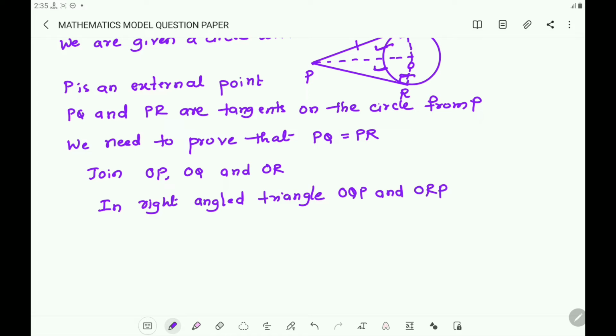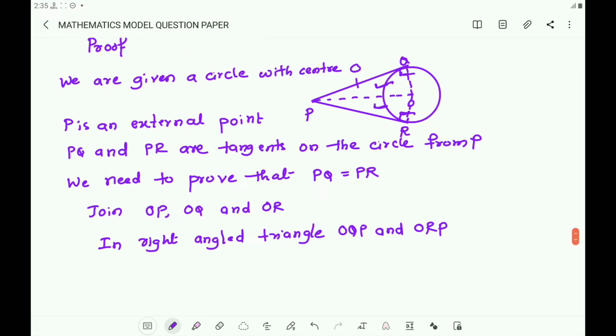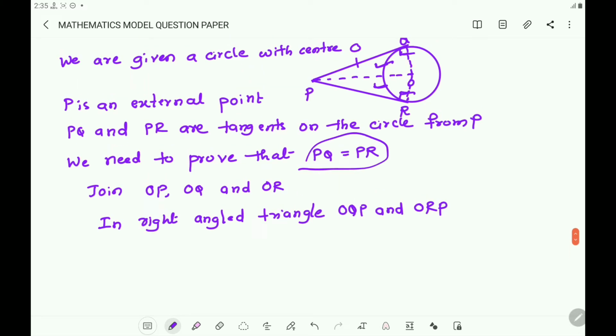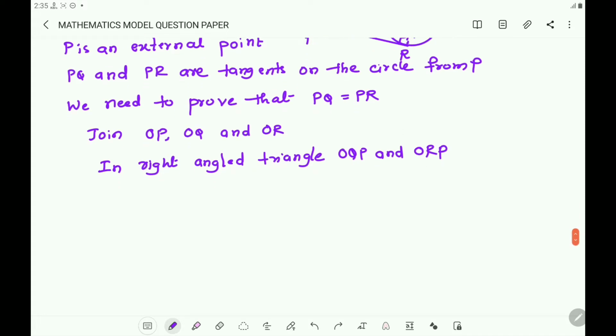Why do you have to take these two triangles? Here you need to prove that the two triangles are congruent. Once you get that the two triangles are congruent, directly you can write that PQ and PR are equal, because we need to prove that PQ is equal to PR. To prove that, you take the two triangles and prove that they are congruent.